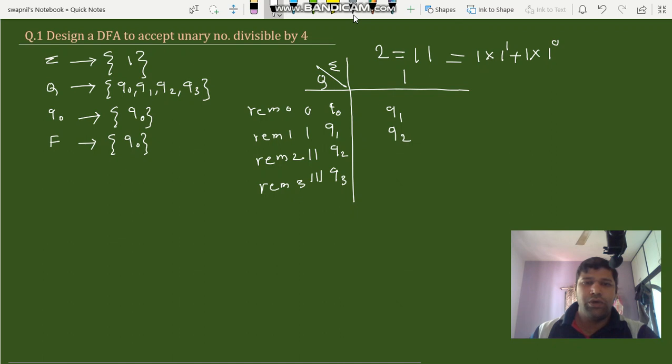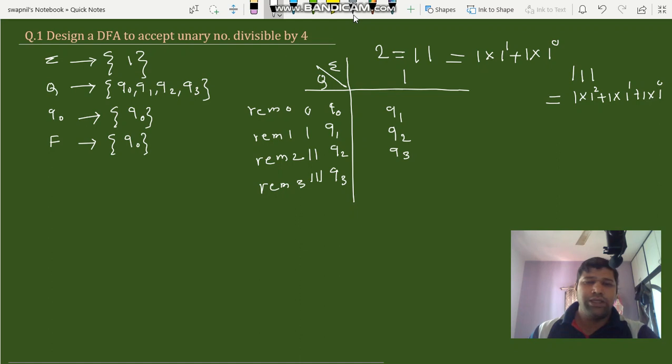Now, 2 means 1 1, and one additional 1 makes it 1 1 1. Its decimal conversion is 1 into 1 raised to 2 plus 1 into 1 raised to 1 plus 1 into 1 raised to 0, so it becomes 1 plus 1 plus 1, which is 3. So 3 divided by 4 gives remainder 3.